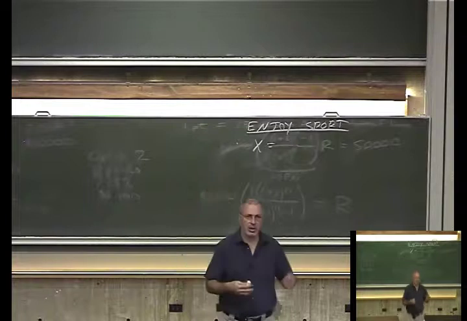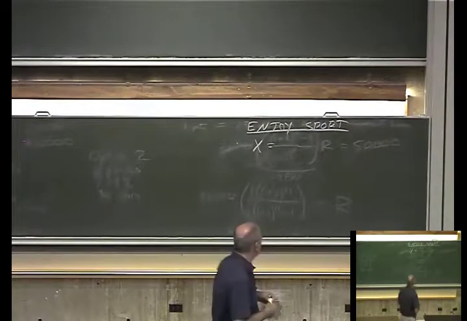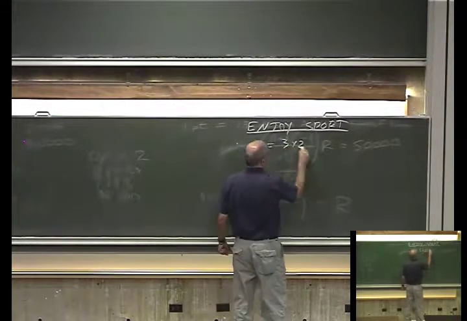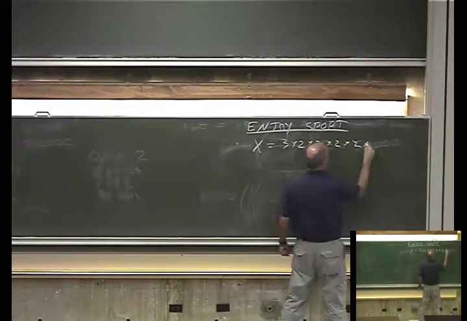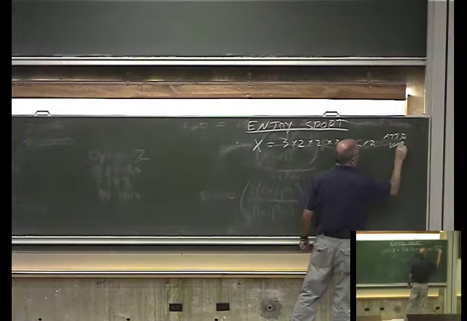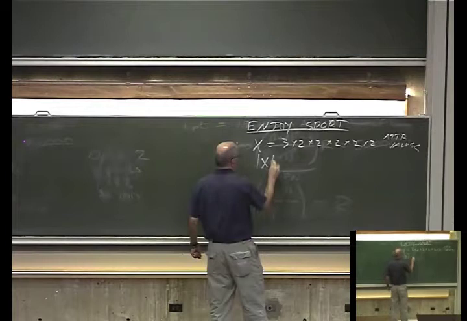And then there was temperature and wind and all that, and they all were binary. So X was a set of 3 times 2 times 2 times 2 times 2 times 2 attribute values. And as a result, the size of X was 96.